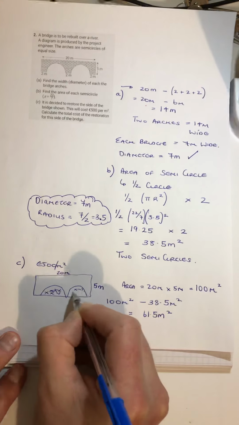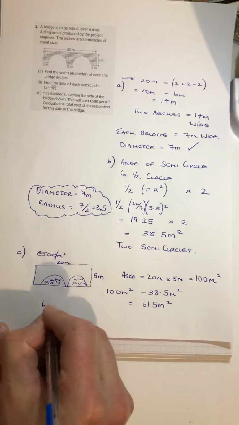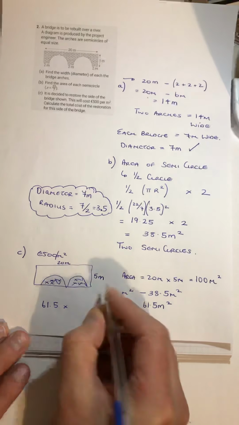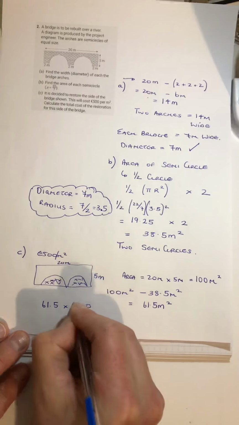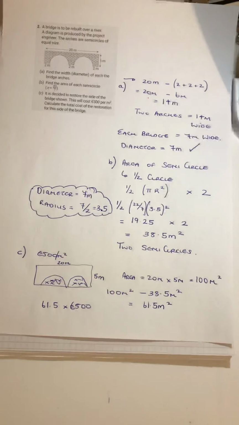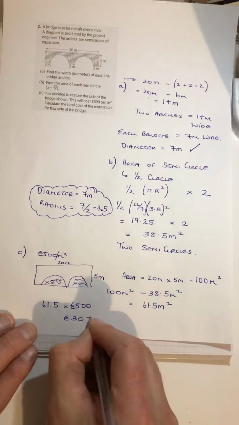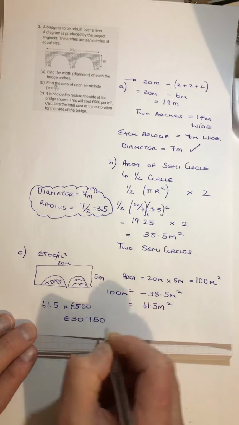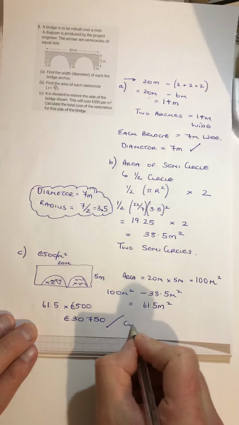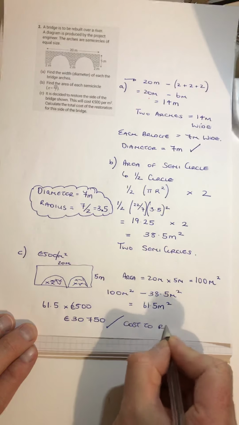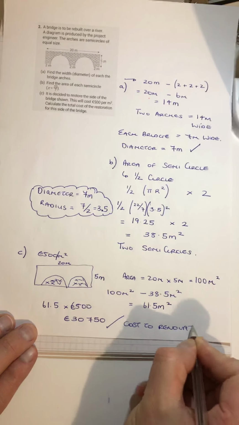So 61.5 multiplied by 500 euro gives a total of 30,750 euros.